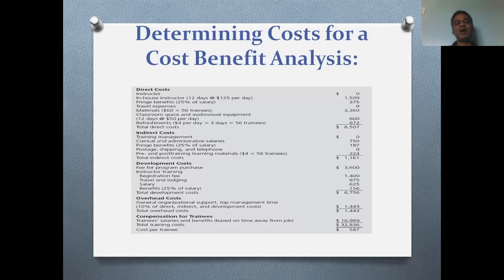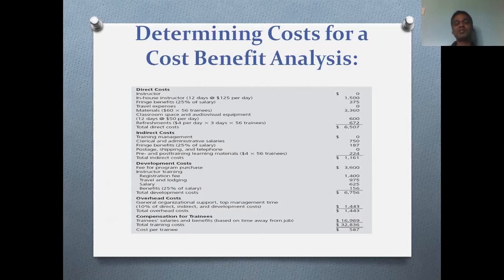Then you have indirect costs like training management, clerical and administrative salaries, and again you are adding fringe benefits, then postage and pre and post training materials which you spend for the training program, and also development cost, for example registration fee, travel and lodging fees for trainees, and other remuneration for the trainees, total development cost, then overhead cost, for example organizational support and top management time which has been spent, the total overhead cost.